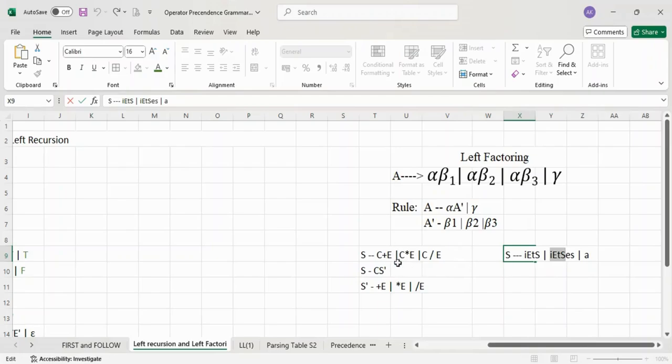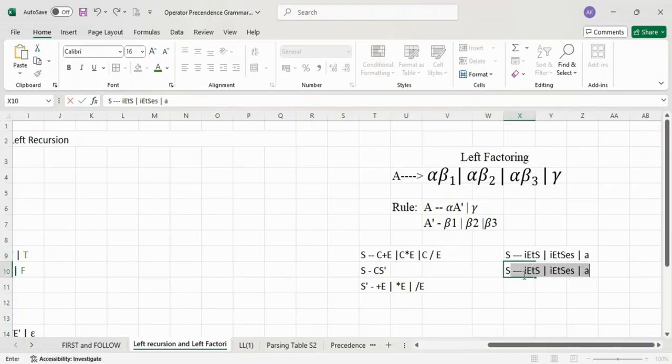Here, there was only one symbol, but here there are multiple symbols. So, if multiple symbols are repeated, you call it alpha. So, this is my alpha. Here, there is no beta. This is my alpha, here my beta is ES, and this is my gamma production.